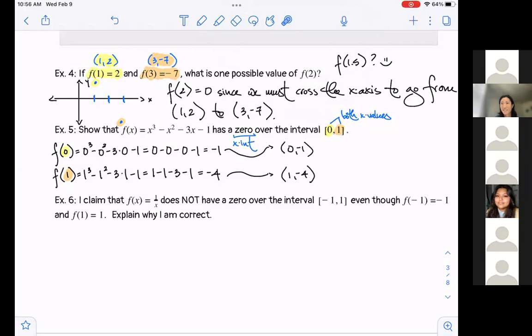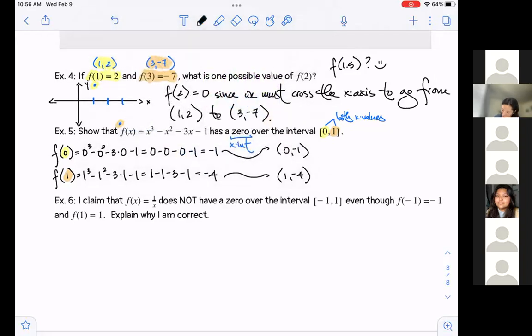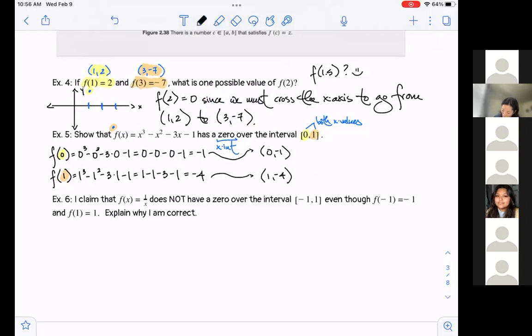Okay, but then when we plugged in 0, you know how we got 0, -1? Wouldn't that be our answer? Like that's where it hits the x-axis. Ah, okay. Two quick things. Let me make one small correction. I believe this is actually supposed to be a +1. That's going to change this to be a +1.